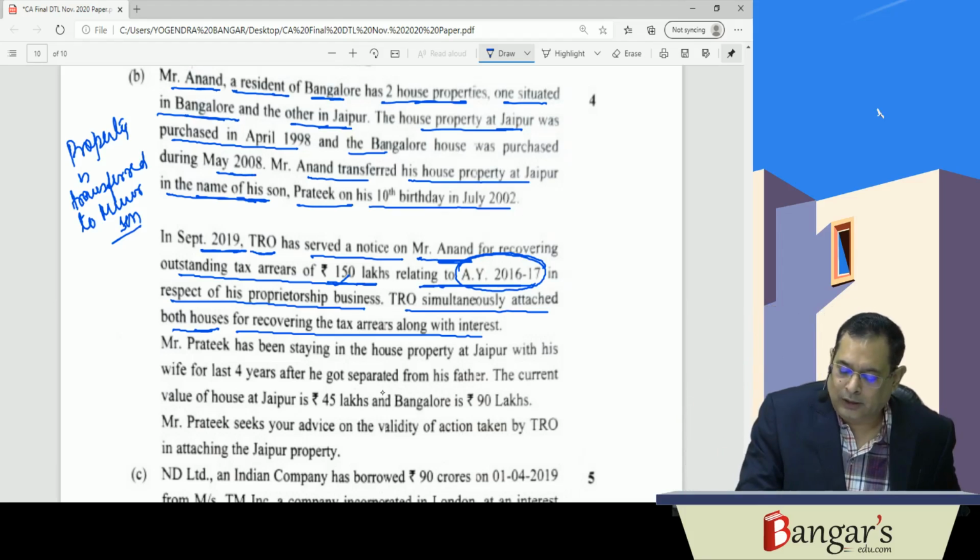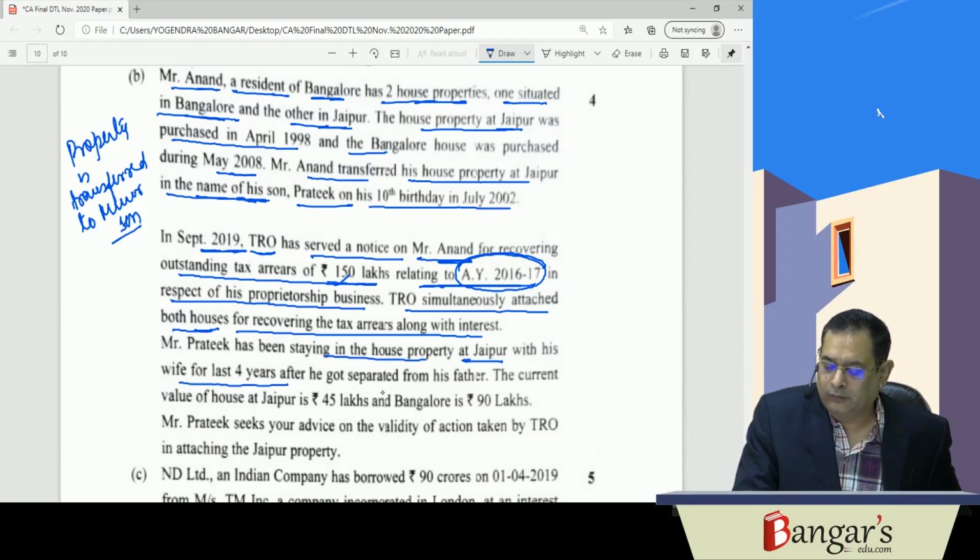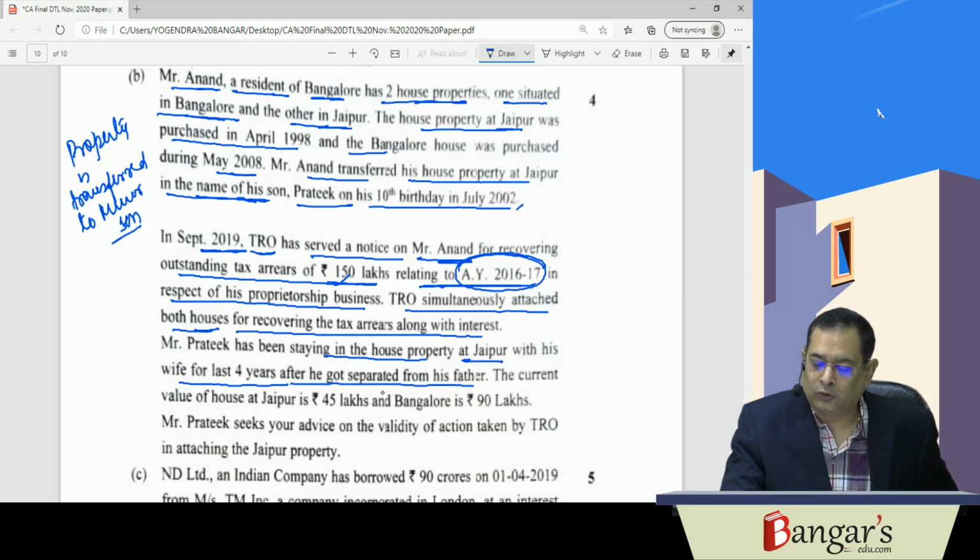Now, Mr. Pratik has been staying in the house at Jaipur with his wife for the last 4 years after he got separated from his father. In 2002, he was a minor, aged 10.